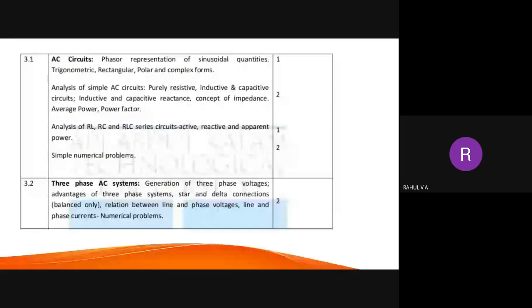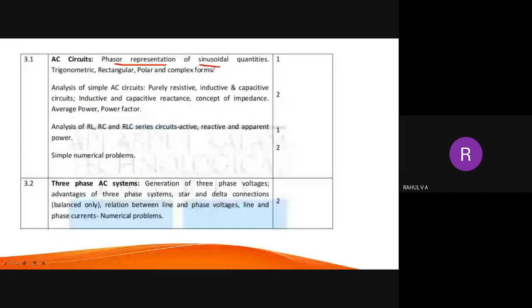Okay, good morning, everyone. In the last classes, we were discussing the third module, and there we have seen what an AC circuit is. We were discussing phasor representation of a sinusoidal quantity.